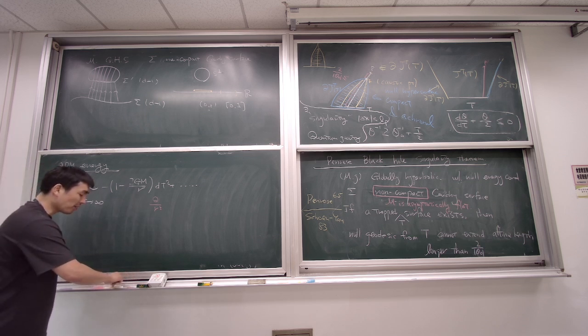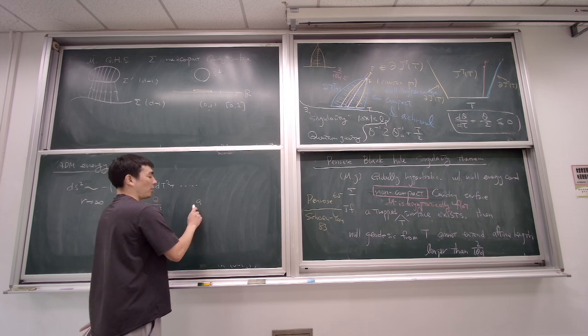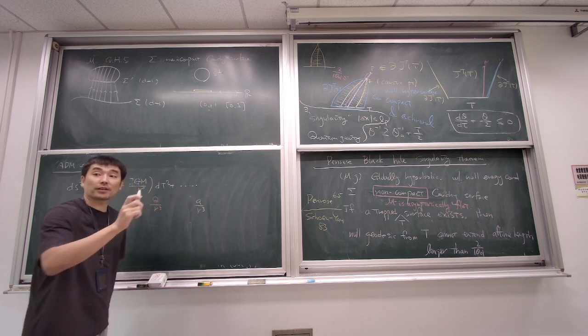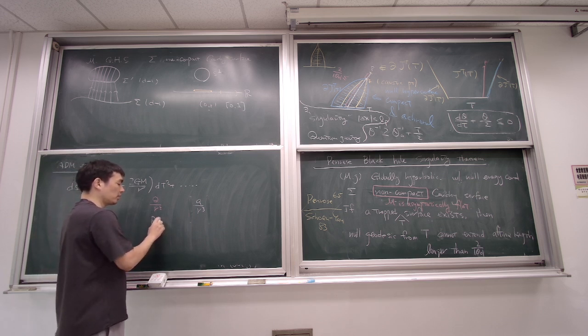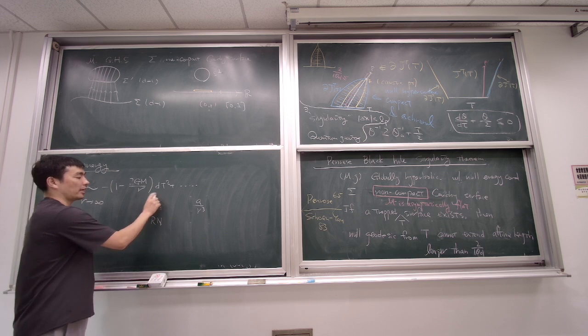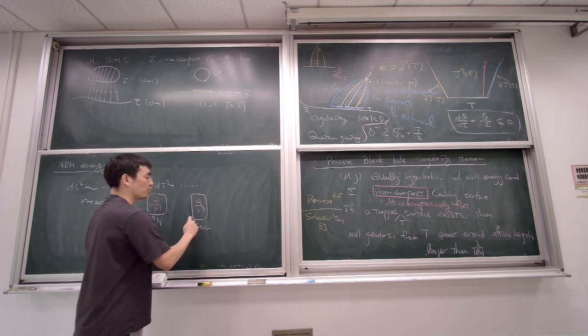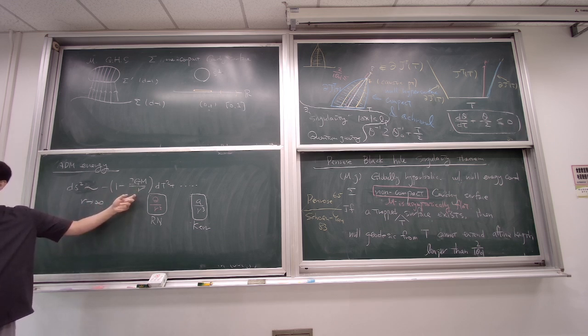And also angular momentum: in the Kerr black hole, the angular momentum part appears like a over r cubed in the asymptotic region as r goes to infinity. Therefore, once you go to really large r, the dominant part is this one.